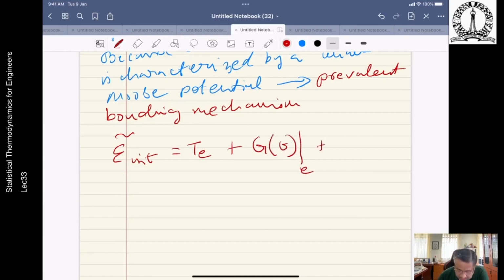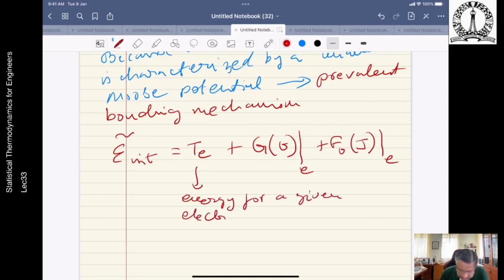We'll say what each of these notations mean. TE is the energy for a given electronic state.